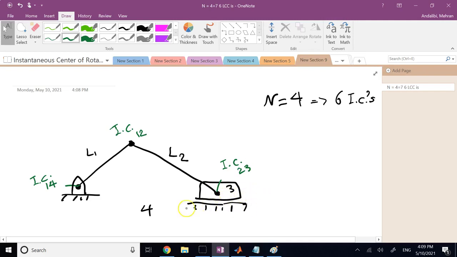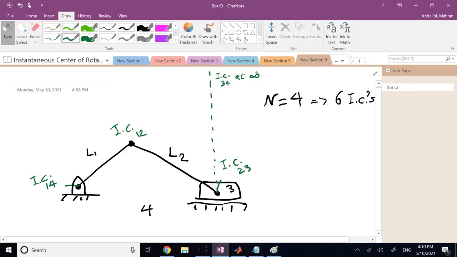Now, 3 is sliding with respect to 4. So if you remember, since we have point 3 moving horizontally, the instantaneous center is perpendicular to that direction of motion at infinity. So IC of 3 with respect to 4 is at infinity.